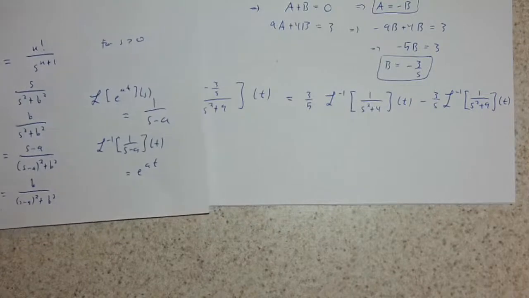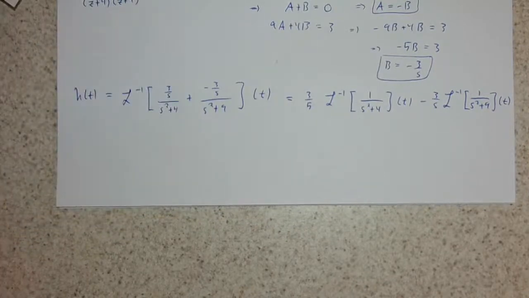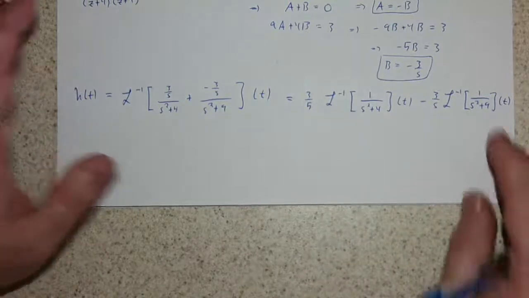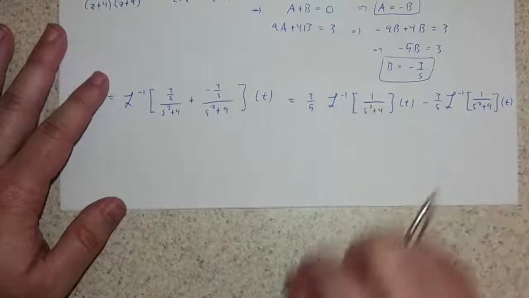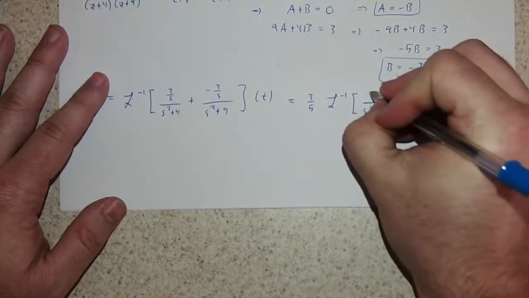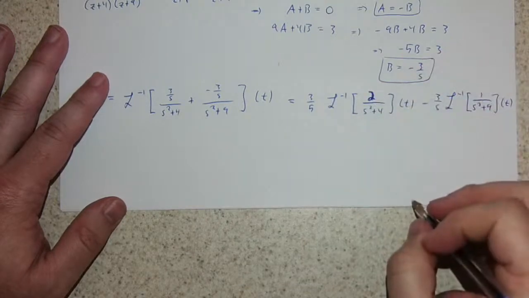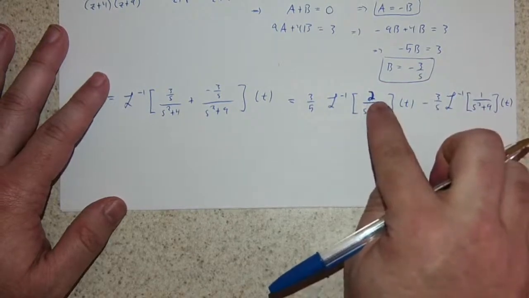Well, that's not too bad. How can I correct this ever so slightly? Well, I want this to be a 2, and I'm happy. So let's just change that to a 2. But I can't just change that to a 2.